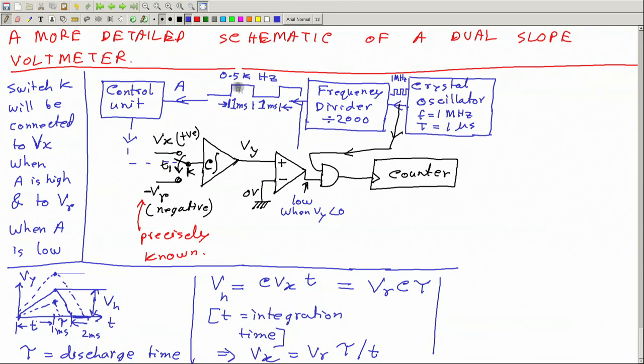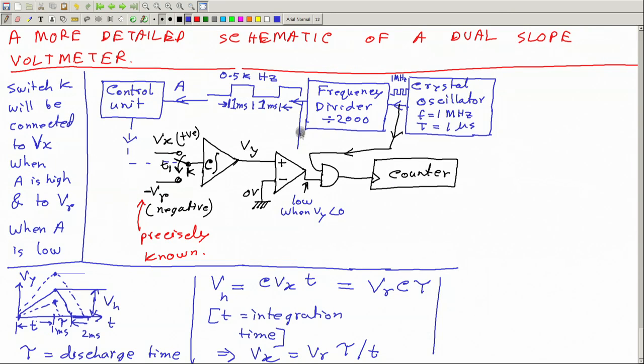In this region, the control unit will connect the switch to Vx. That means this part is the integration time, the time when the integrator input is connected to Vx. So here I do not want the counter to count the time.